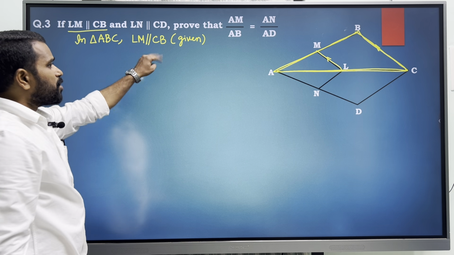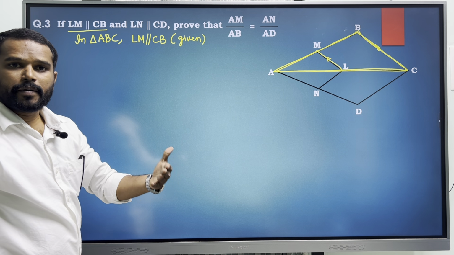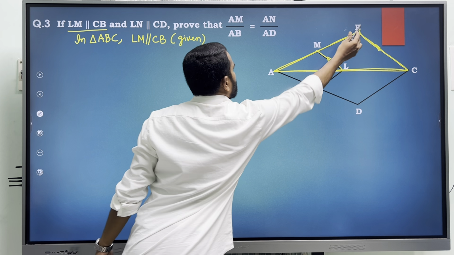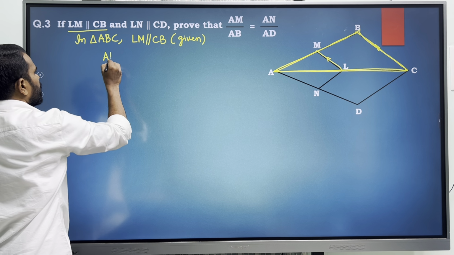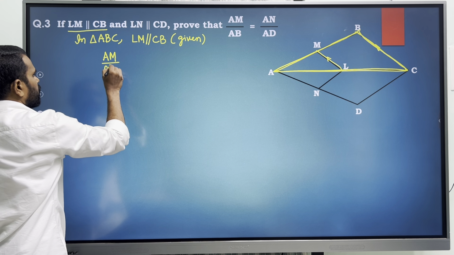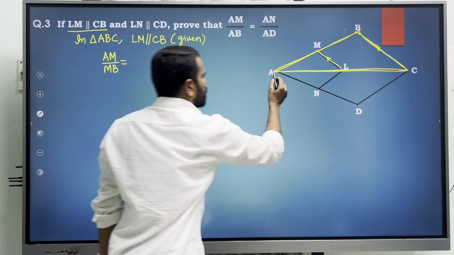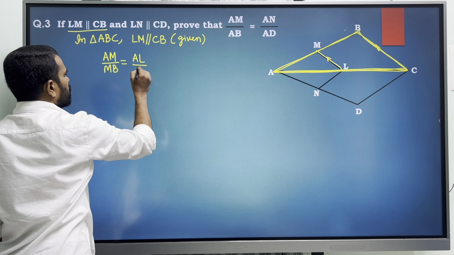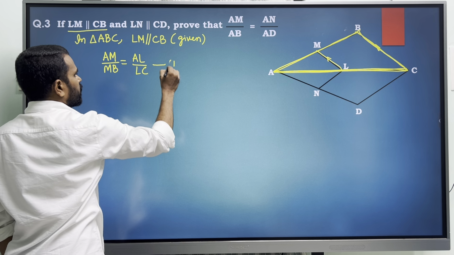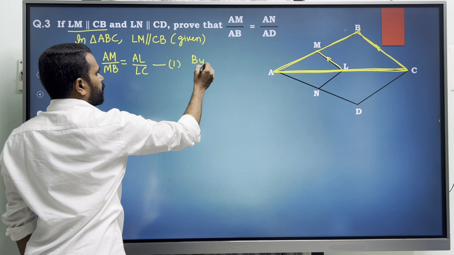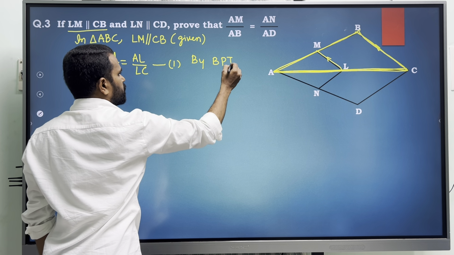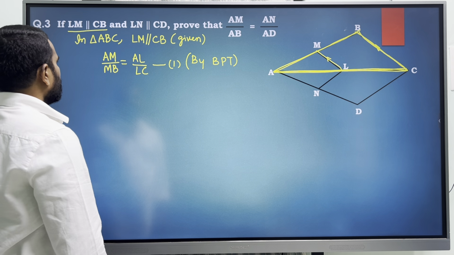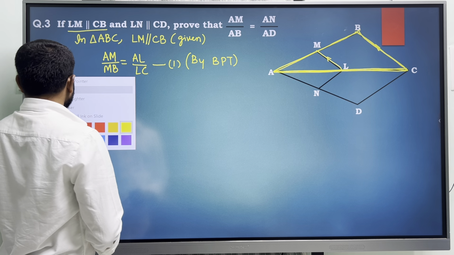If they are parallel, then by the basic proportionality theorem, AM by MB is equal to AL by LC. This is 1. We have written this from the BPT. Understand? Next, let us take the other part.